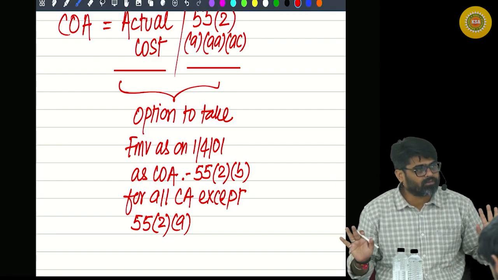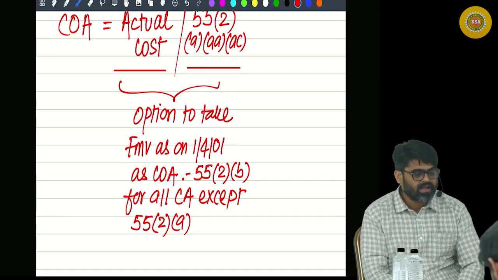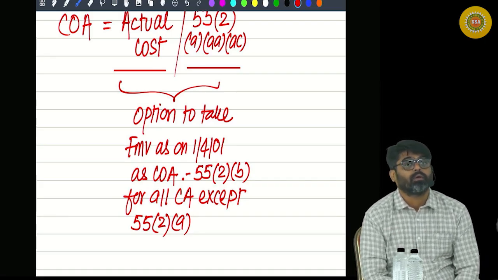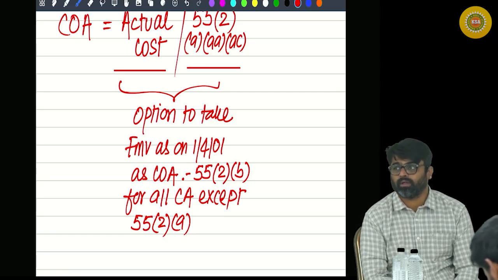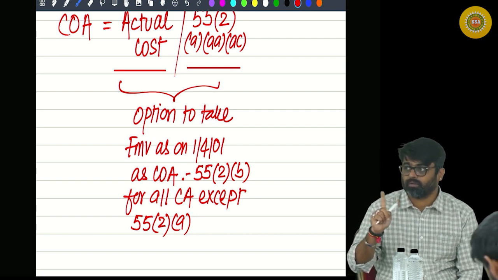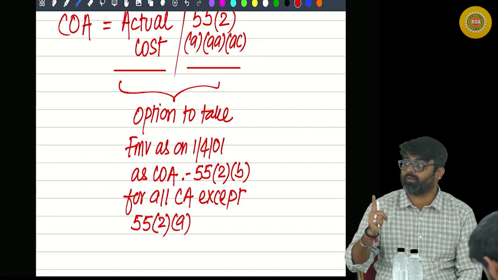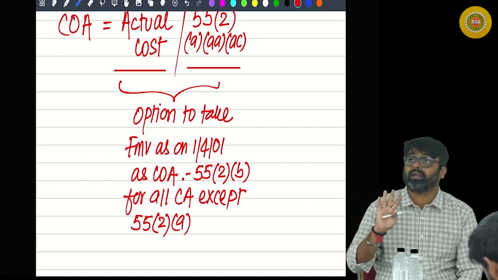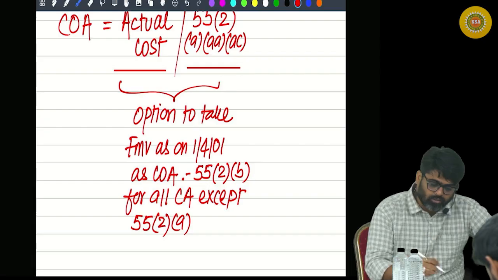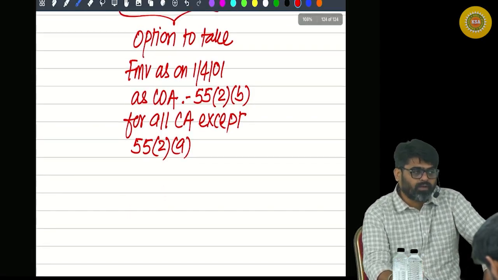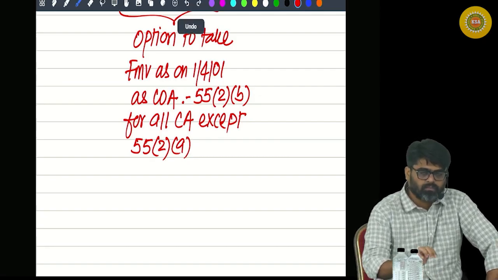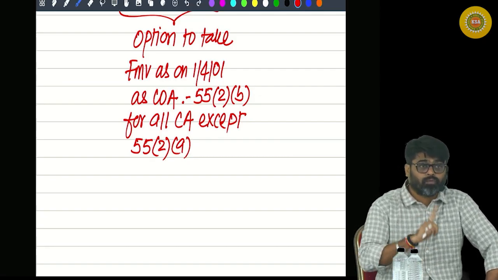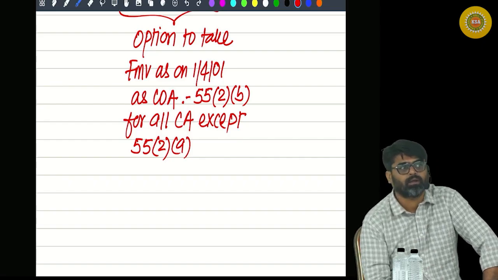For all capital assets, you are going to get this benefit of taking fair market value as on 1st April 2001 as your cost of acquisition. But this option is not available for those assets which are covered in 55(2)(a), intangibles. And this option of taking the fair market value as cost of acquisition under section 55(2)(b), this option is given to take fair market value as on 1st April 2001 to take what?